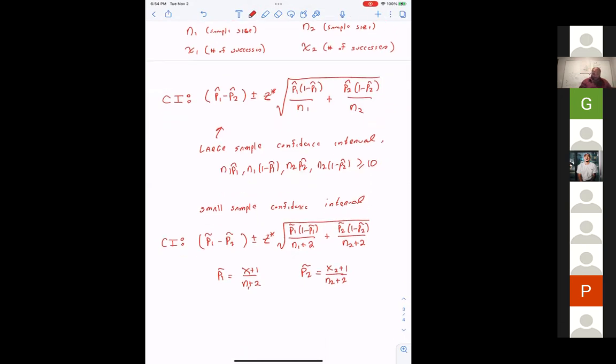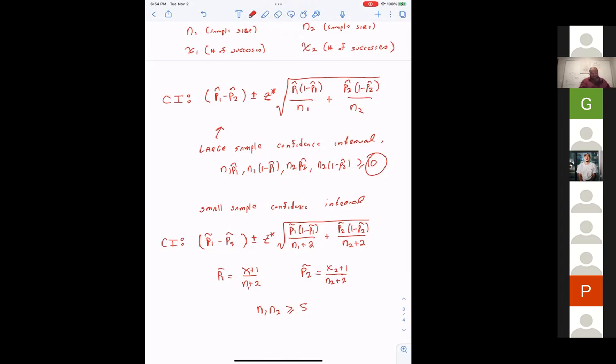Okay, and in this case, we want N1 and N2 each to be greater than or equal to 5 because we want it to be a total of 10. And the reason I was hesitating for this one is because everything else is split. I was looking for confirmation because, to be honest, I just forgot whether it should be 10 there or 5, because everything else kind of splits and I can't find anything in the book.